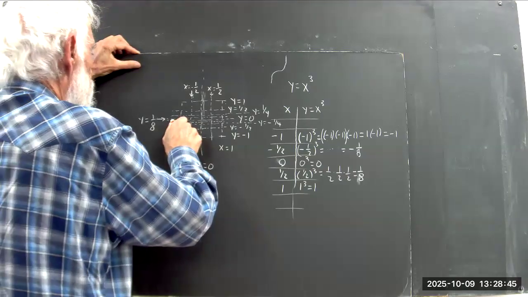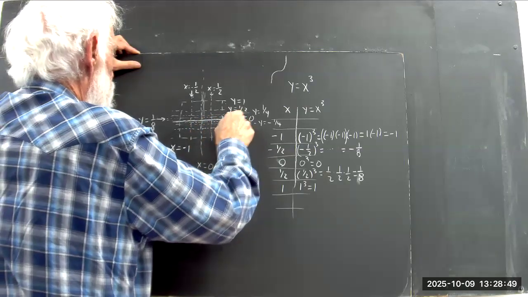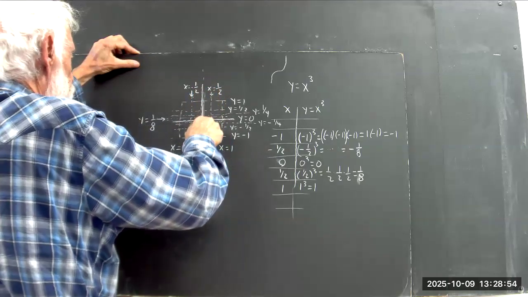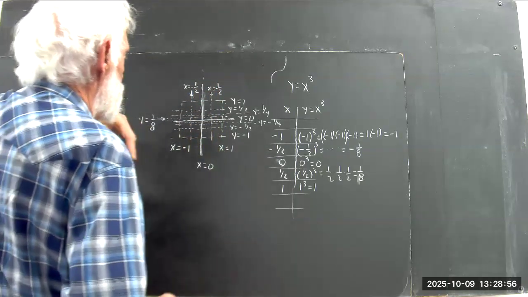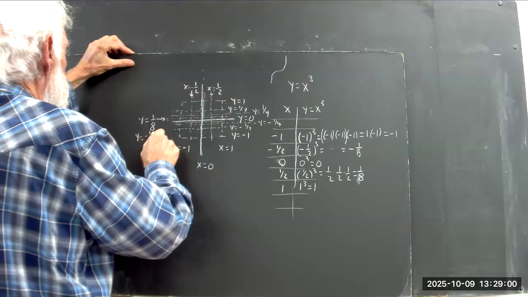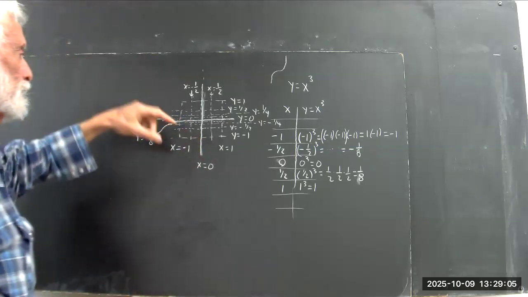Now let's make sure we understand the y equals 0. I'm going to make this y equals 0 line horizontal because that's going to be the x-axis. We'll make this line, okay, solid. So y equals -1/8 is this line right here.